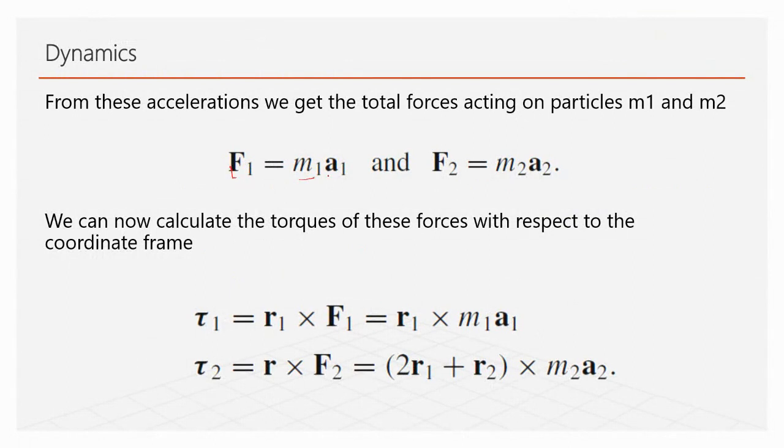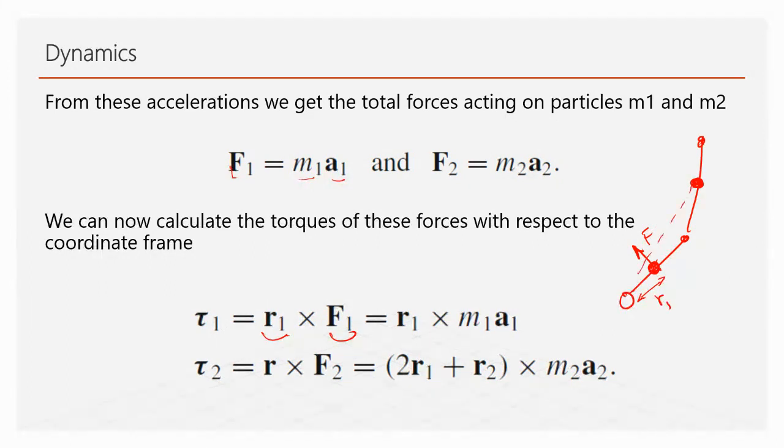The force F1 is M1A1, and F2 is M2A2. If we convert these forces to torque at each joint, we have to multiply by the distance of the force from the center. So this was the center of mass, and this force was here. So the torque will be this length, which is R1 by 4, R1 by force 1.